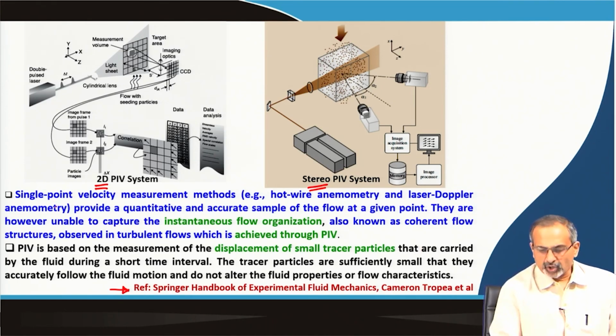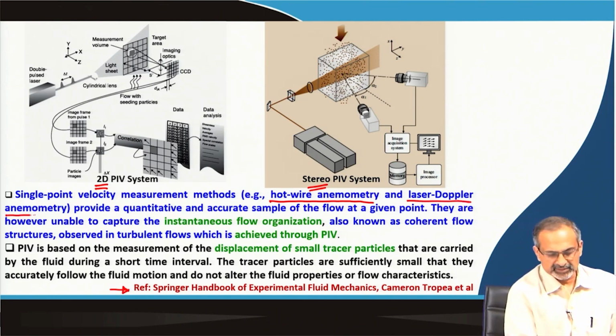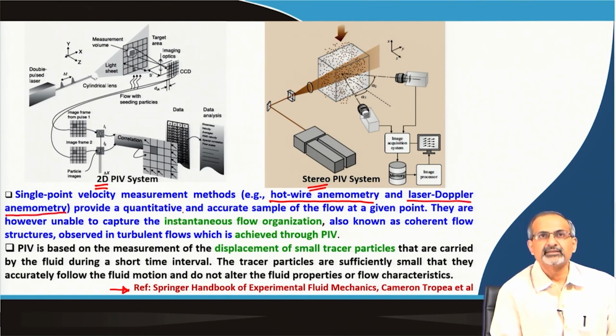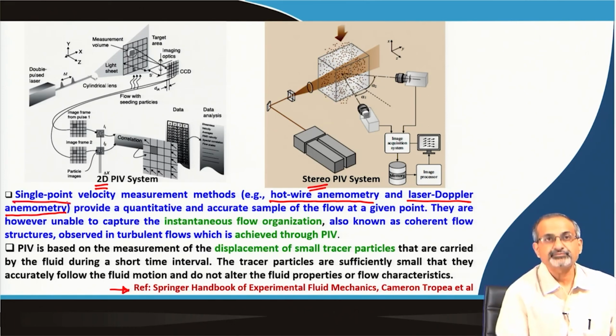When we discuss hot wire anemometry or laser Doppler anemometry, these are methods with which you can obtain very accurate velocity information as a function of time at a single point in the flow field.